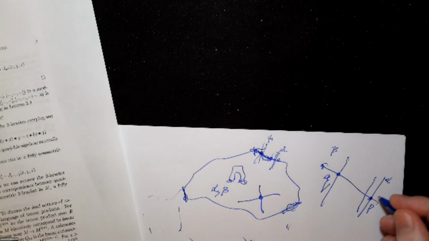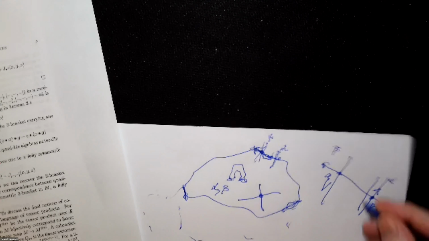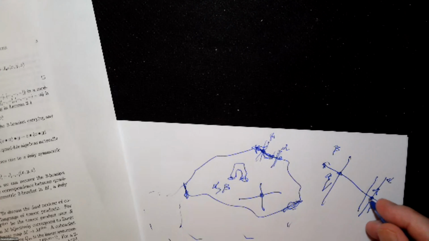So how do we do it? We start in alpha, go around the whole loop alpha until we come back to the same point.